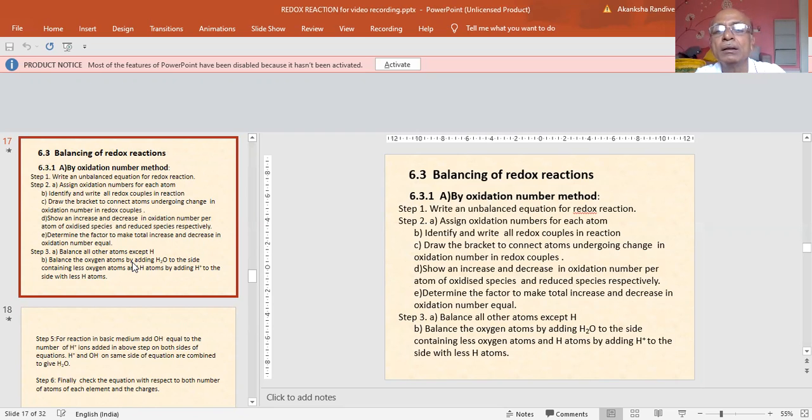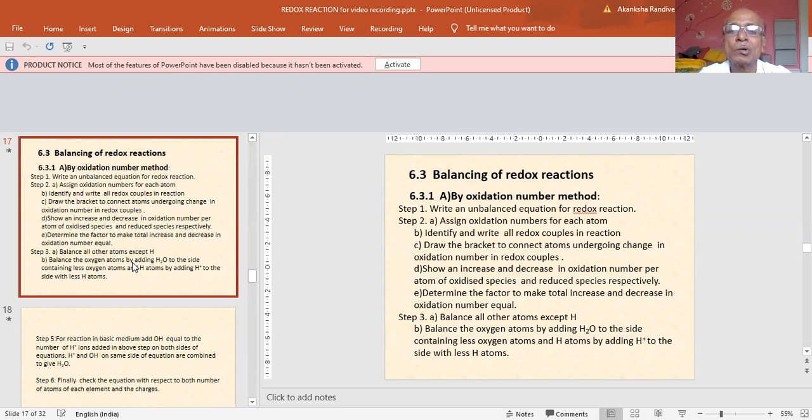And then identify and write all redox couples in reaction. That is, we have to identify which element has undergone the oxidation and which one has undergone the reduction with the help of the oxidation number methods.